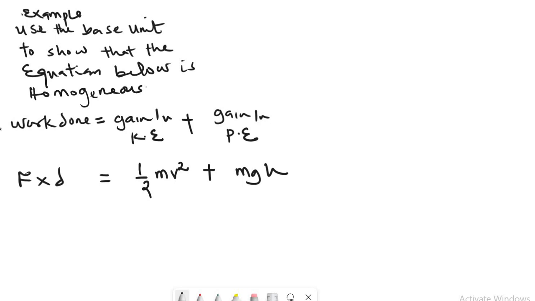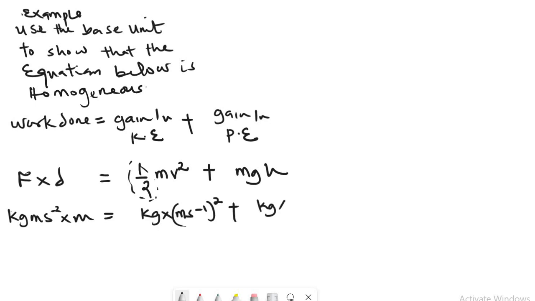Now, force is kilogram meter per second squared. Distance is in meter. Number has no dimension, take it out. Mass is kilogram. Velocity is meter per second. You know it has a square, don't forget to put it. Mass is kilogram. g is gravity, meter per second square.